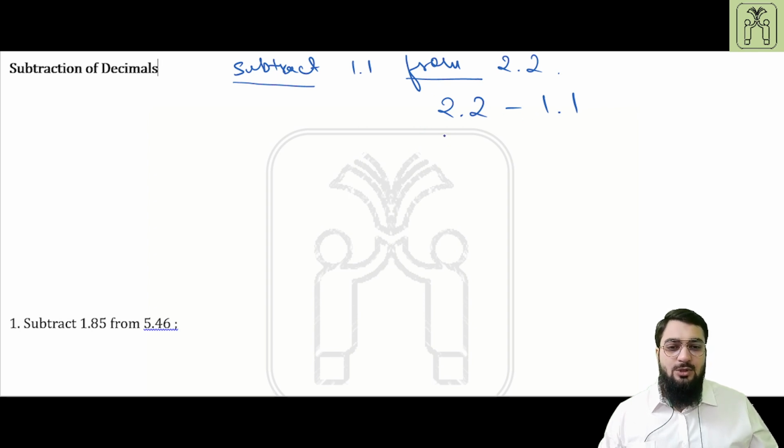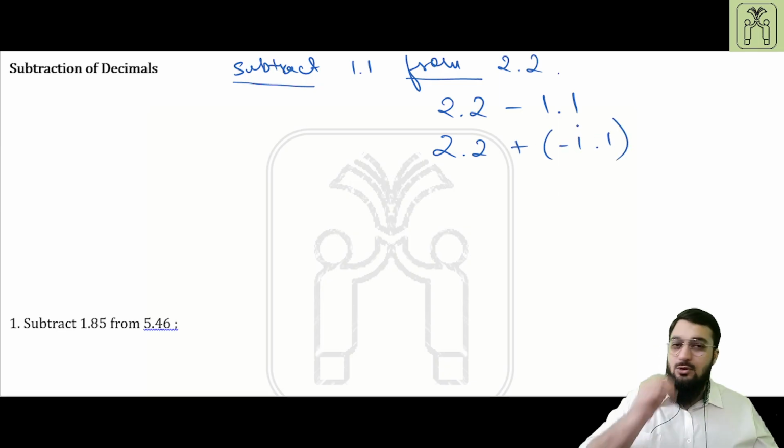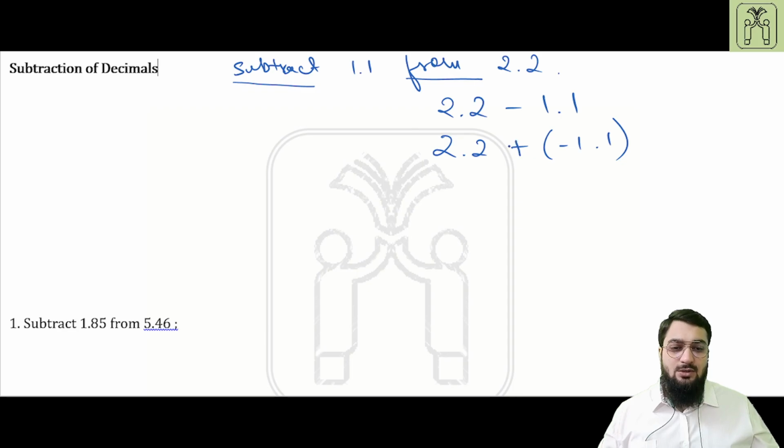It can also be written as 2.2 plus of minus 1.1, because those who have been following our lectures continuously without any break know how to multiply a plus with a minus inside the bracket, or a minus with a plus, or minus with a minus, or plus with a plus.